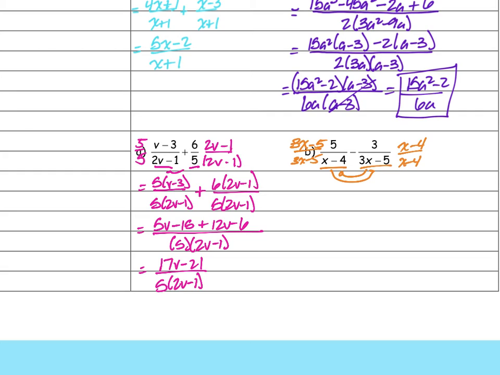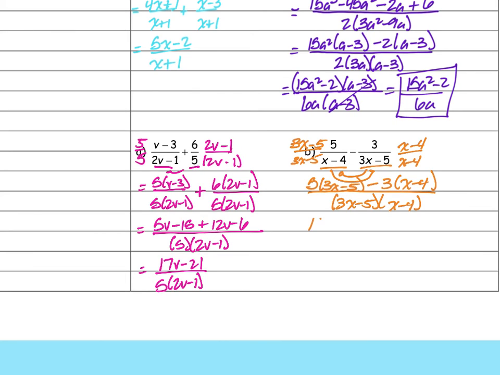So I get 5 times 3x minus 5 minus 3 times x minus 4, all over 3x minus 5 times x minus 4.